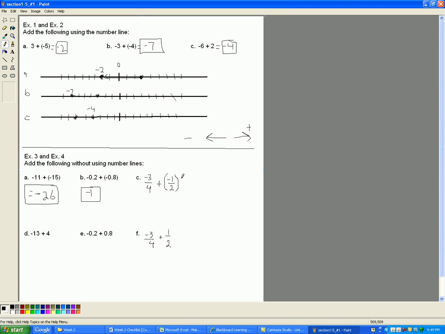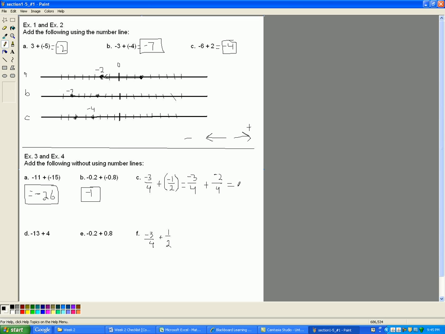So in this case, we have two fractions. Again, fractions are just numbers, so we shouldn't get too concerned when we see these. We have a negative 3/4 plus a negative 1/2. Well, the first thing we need to do, as we remember from last section, is to go ahead and get a common denominator. The common denominator here is going to be 4, so we have to rewrite that as negative 3/4 plus a negative 2/4.